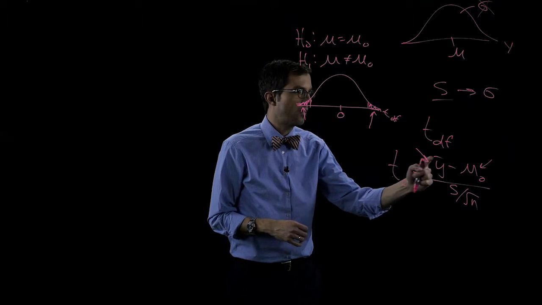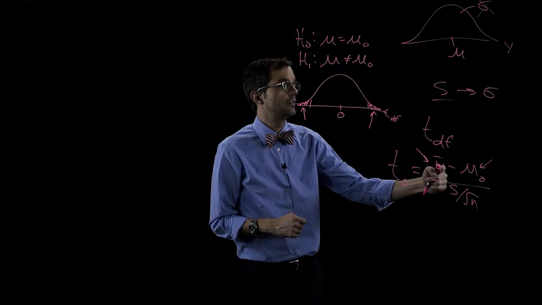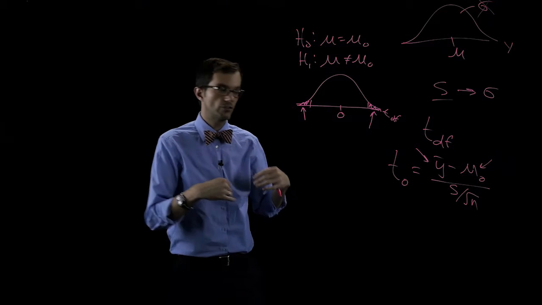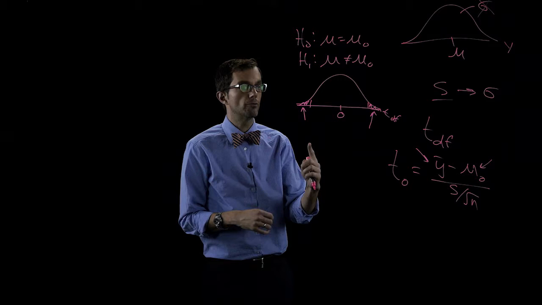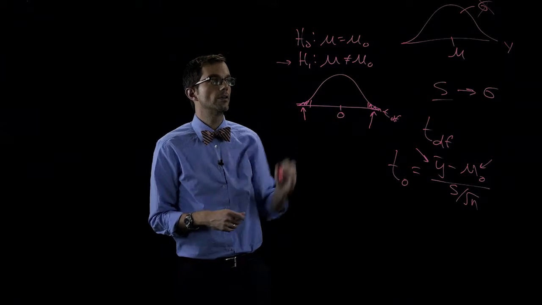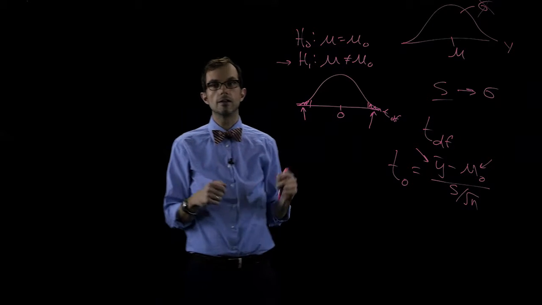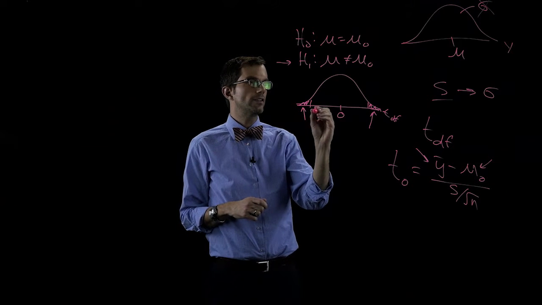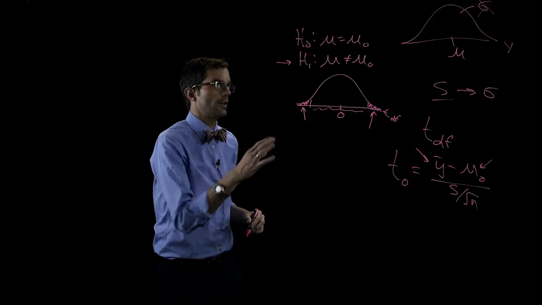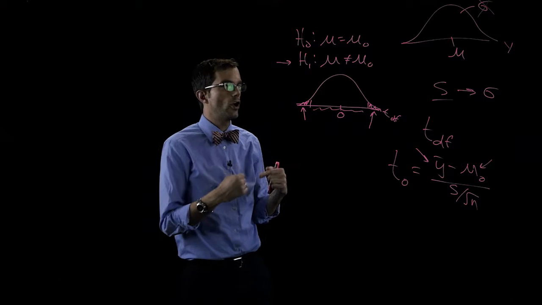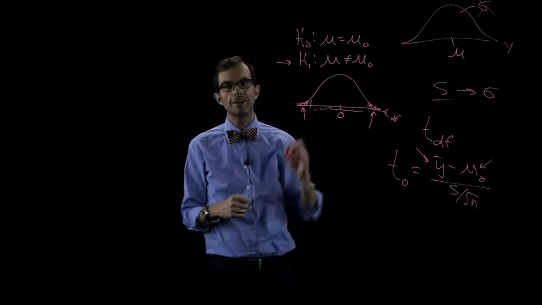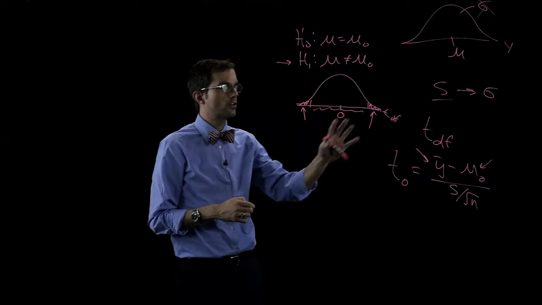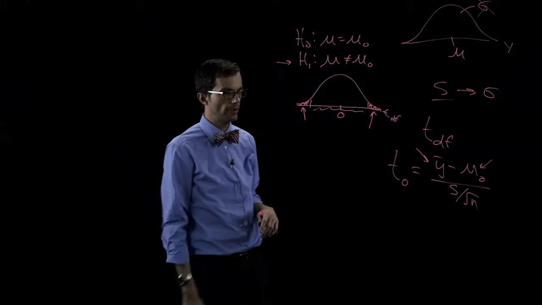That must mean that y bar is smaller than mu 0, significantly smaller, small enough that we would reject the null and conclude that the mean is something other than this hypothesized value, mu naught. If the test statistic lies anywhere in here, in the non-rejection region, we have no reason to believe that the mean is something other than mu 0. Okay? So that's a quick demonstration of the critical value approach.